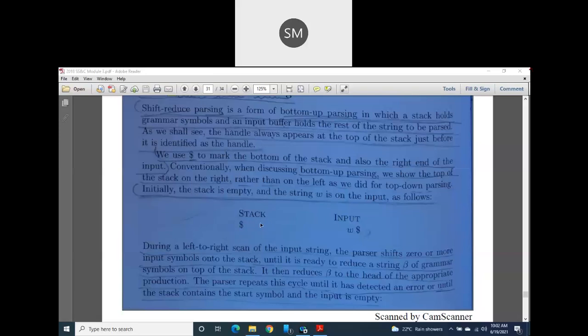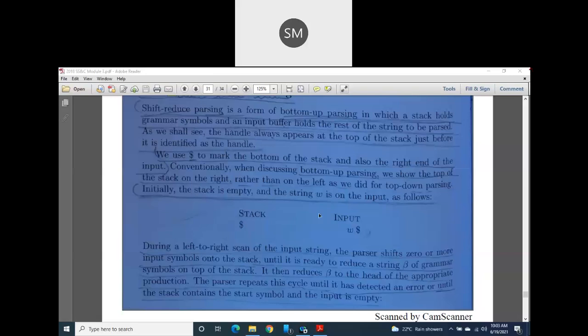Clear? Now, whatever input characters of your string you push or shift onto this stack, the stack will get one character, two characters, three characters, and so on. So you also have to denote the top of the stack.